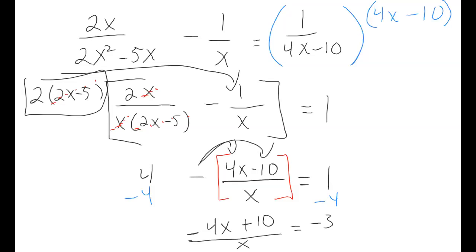Now, what I'm going to do here is multiply all of this by x, so that x cancels that x. What I do to one side, I have to do to the other, so this becomes a negative 3x.